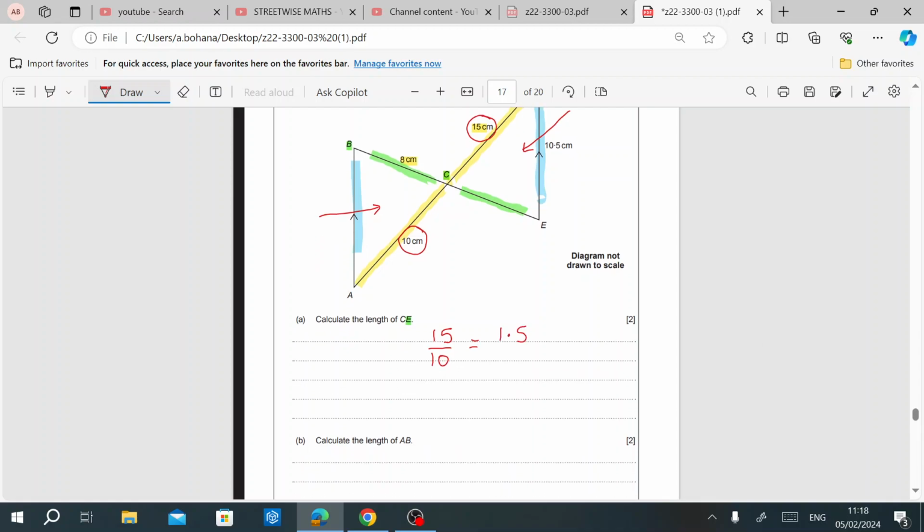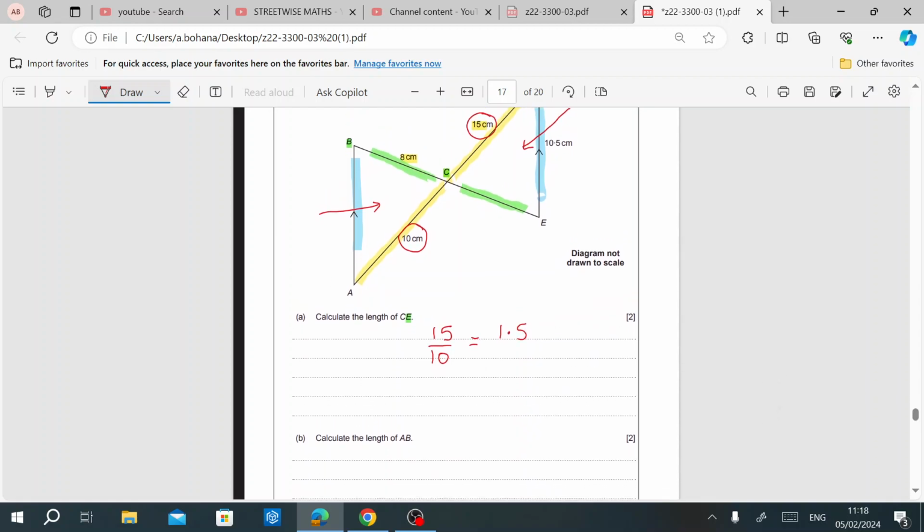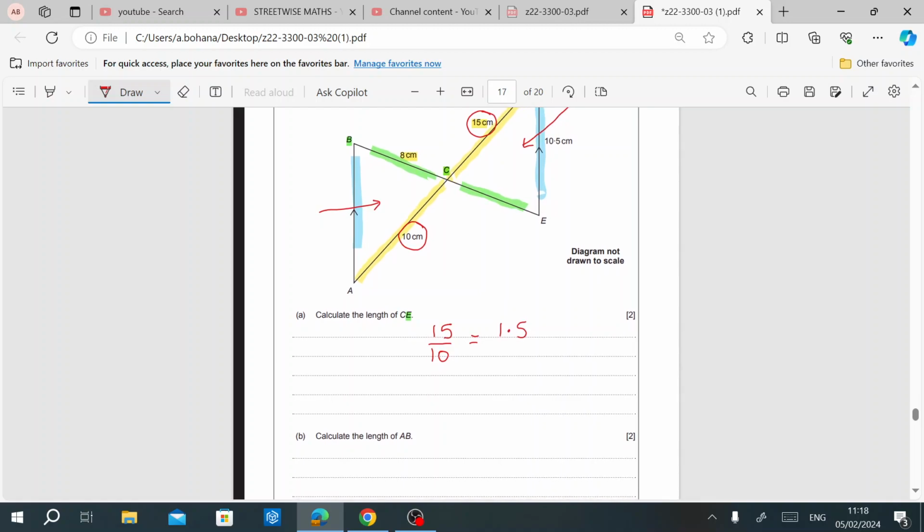And I can absolutely guarantee you that in most of these questions, it will always be a 0.5, okay? Very, very rarely it'll be a horrible factor like a 1.3 or a 1.7. They're normally 1.5. Usually they're a whole number as well.